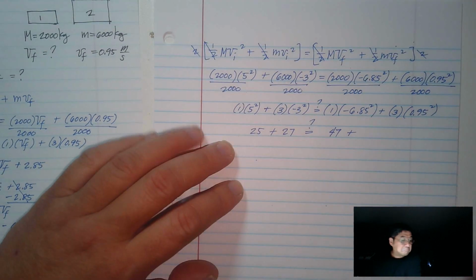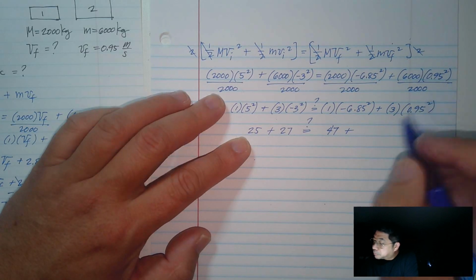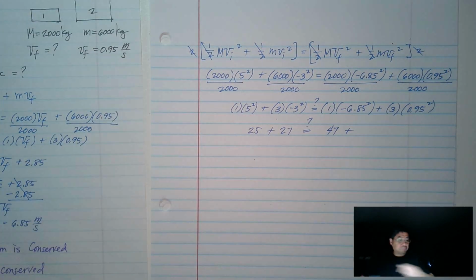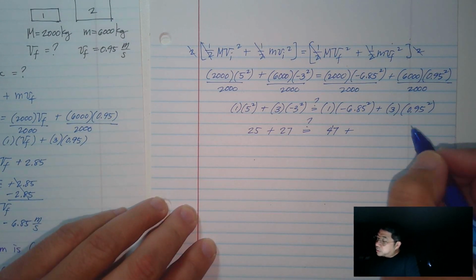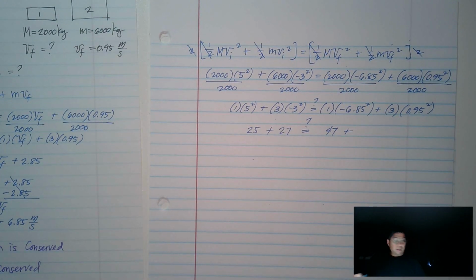So this will give us 2.7. Alright, so let me just calculate this one. 0.95 squared times 3. So that is 2.7.